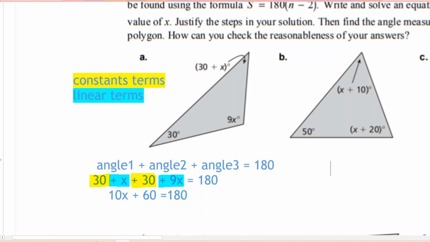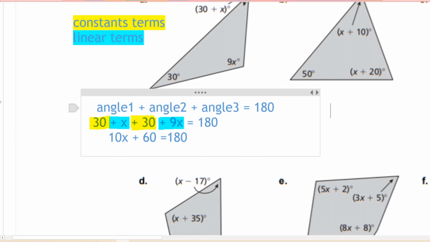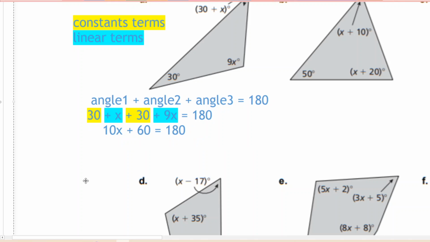So now we have 3 lines. Each of these are equivalent equations. Now, there's an order that you have to simplify this, because we have a 10 times x and then a plus 60. The order that you have to do things is kind of like the opposite of the order of operations.